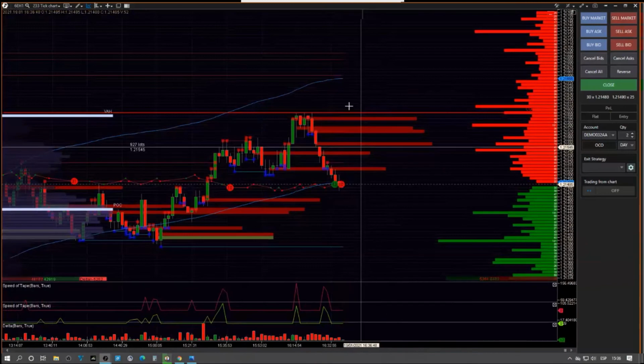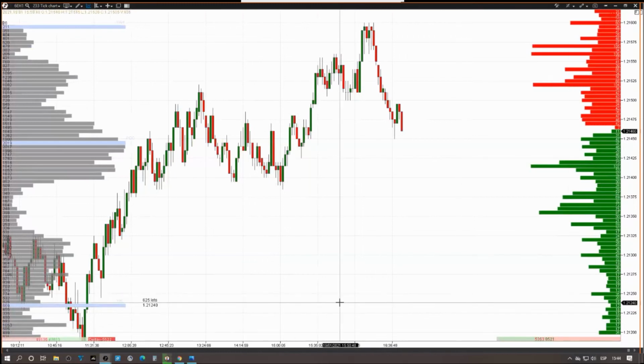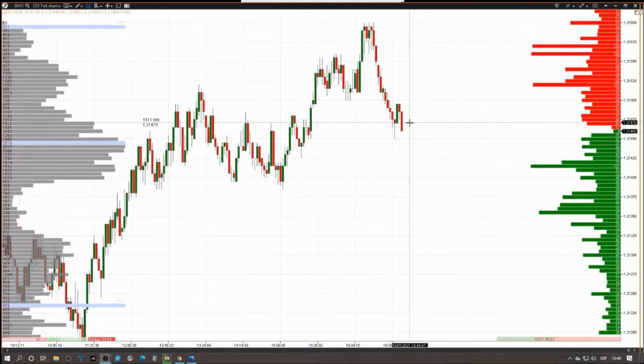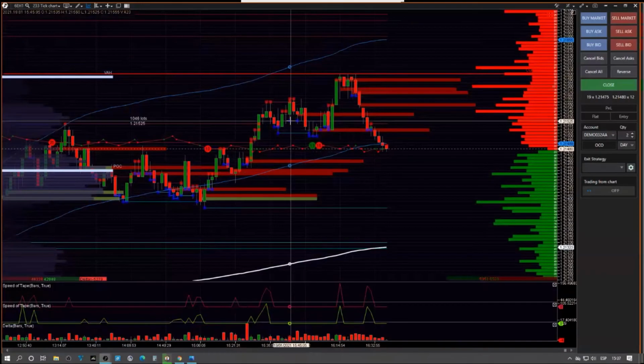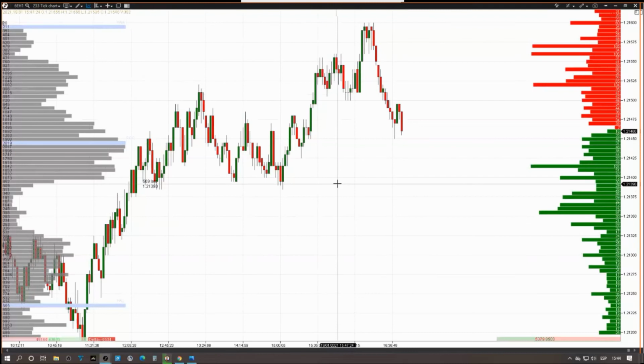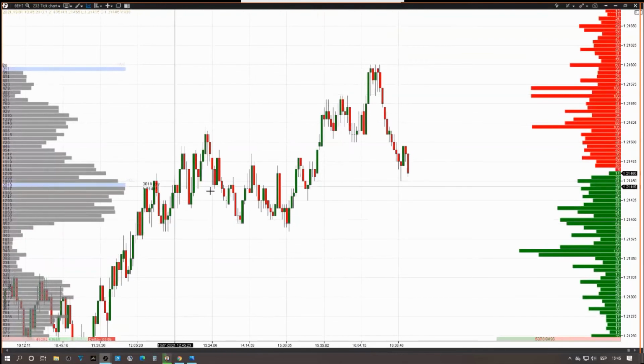Most software and trading platforms show you the volume vertically below, and that's pretty much useless because it will only tell you that there's volume in this candle, this candle, this candle, but it doesn't tell you at which price that big volume or action took place during the day. But here you can see perfectly that the most traded price of the day is this right here, 1.21445.